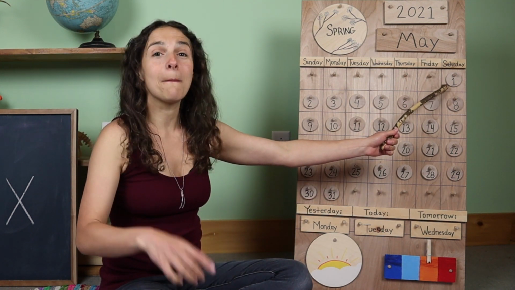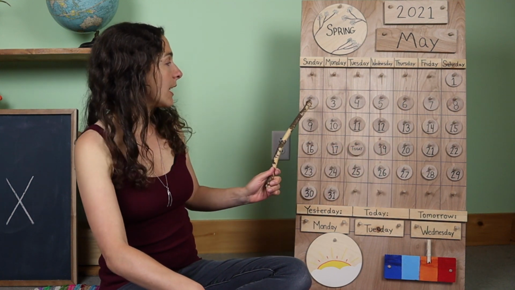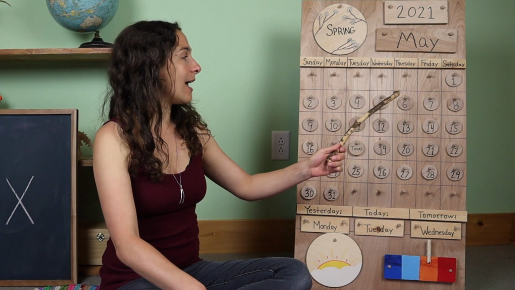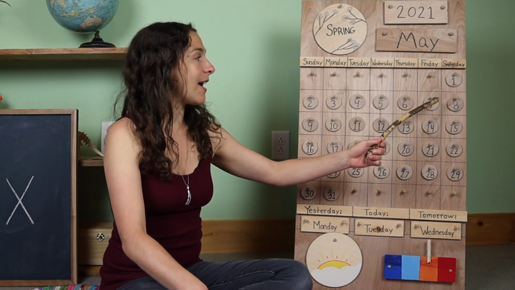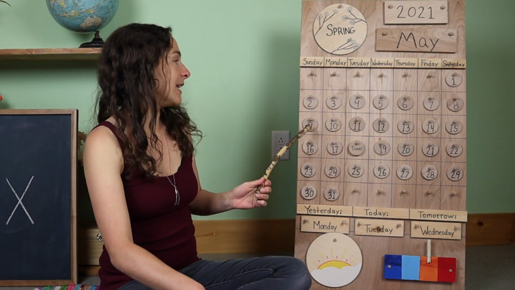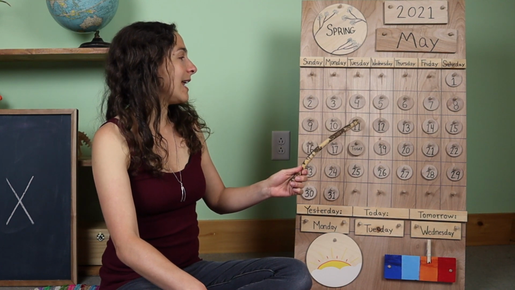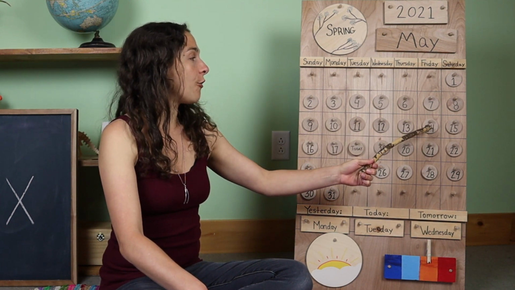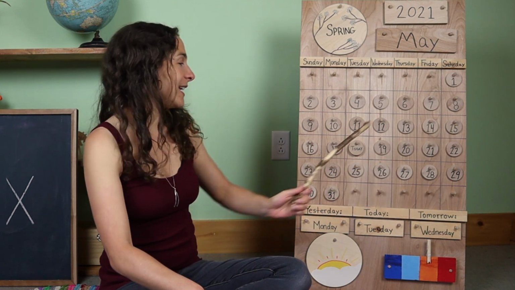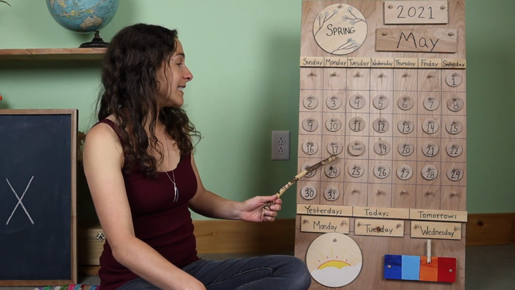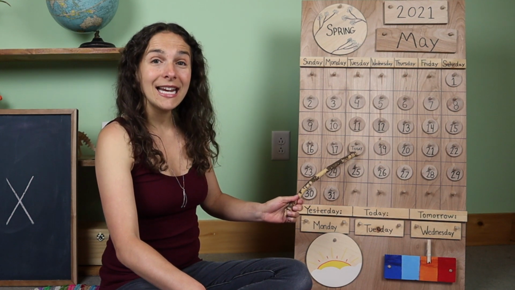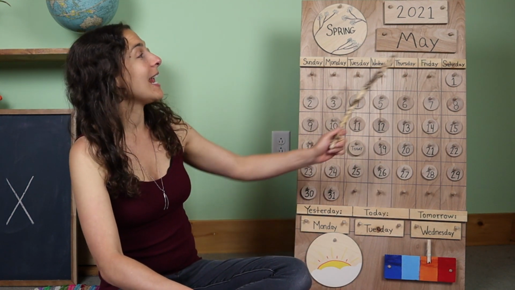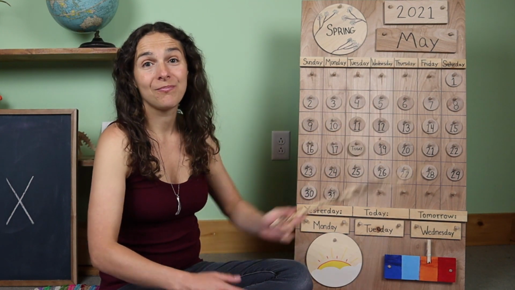We'll start at the number 1, 2, 3, 4, 5, 6, 7, 8, 9, 10, 11, 12, 13, 14, 15, 16, 17, 18. We counted 18 days so far in the month of May.